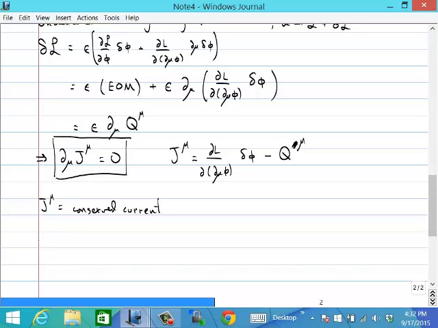But it's worth unpacking that for a second and thinking about it in a more familiar 3-component language. So let me call the 0 component the time component of that 4-vector J0. And the spatial components will be some vector that I'll call J. Then this conservation equation is the statement that J0 dot is equal to grad dot J.